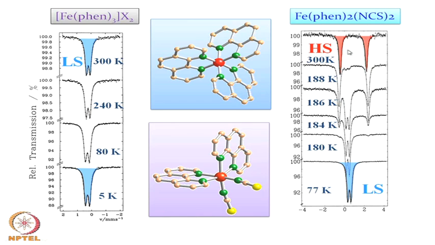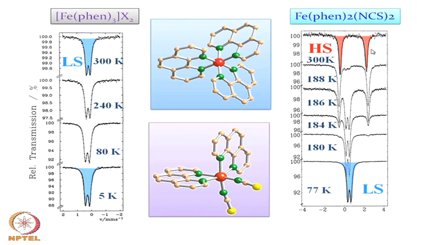and when we reach around 300 K, that means the room temperature, the corresponding spectrum is for the ferrous iron in high spin state.